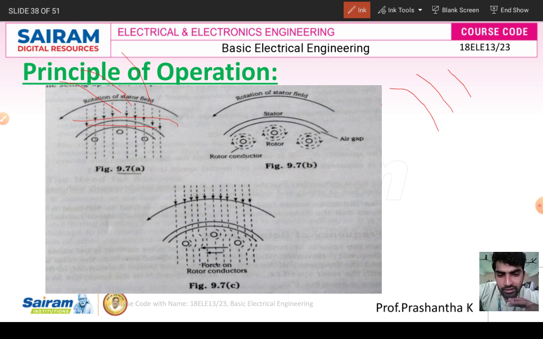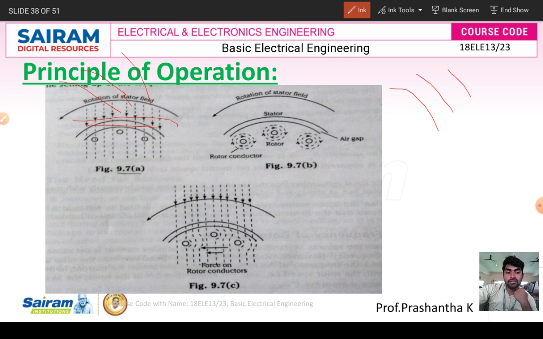So what happens? The conductor starts moving from north pole to south pole or south pole to north pole, just rotation. Like the same speed of the rotating magnetic field, these conductors also start rotating. So the conductor will start moving. How will it be moving? The next question. It's like the stretching of rubber. North pole, south pole will be there.